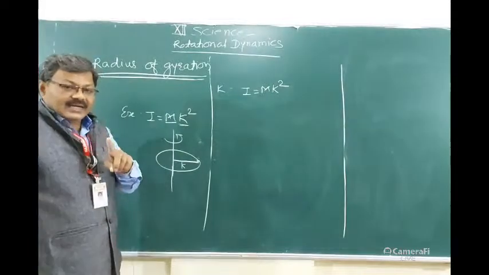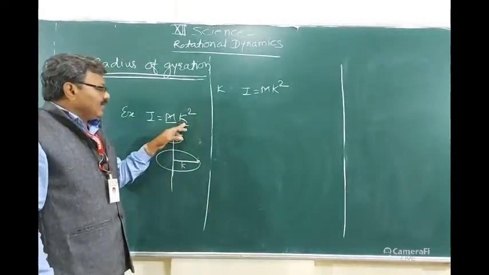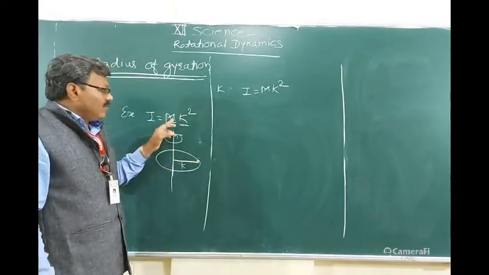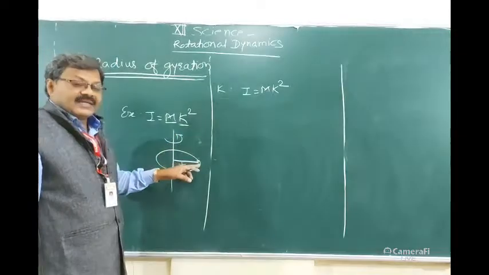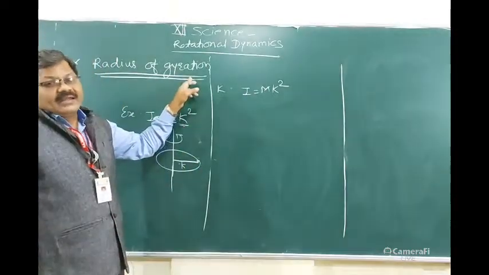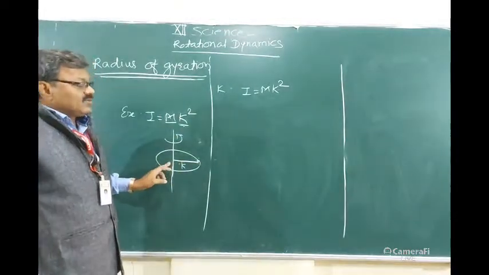Actually, this k shows that mass is effectively at distance k, and this k is called the radius of gyration.